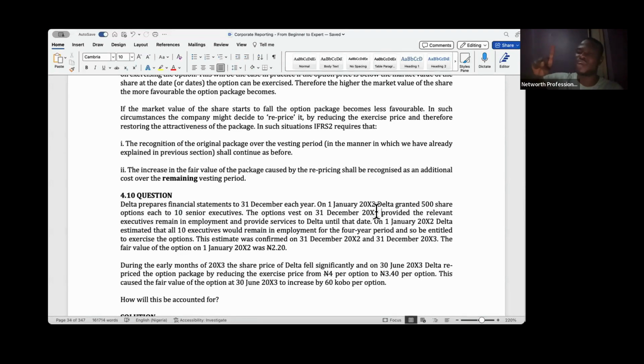And the only people that can buy it, look at what they said: provided that the relevant executive remains in employment and provides services until that date. So the only people that will vest are those that meet this vesting condition, which is that they must be there till 31st December 2005.